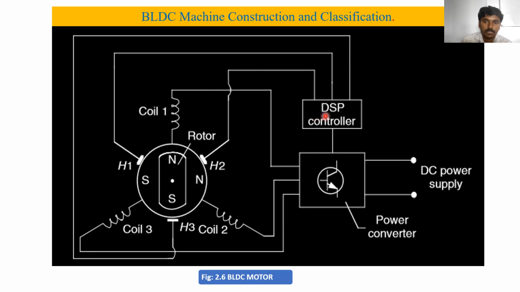Accordingly, based on the position of the rotor circuit, the DSP controller will generate the commands for the power electronic converter, meaning which switch will be turned on and which switch will be turned off. Accordingly, the coil will be excited. So let's see the operation of this circuit. Also, we can draw this circuit diagram like this.